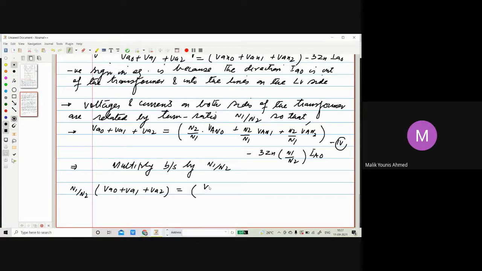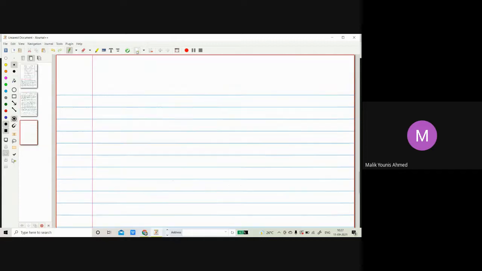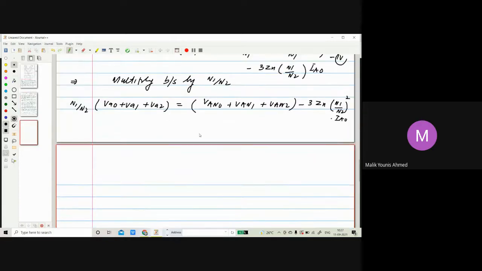This will become VA naught, this will become VA1, this will become VA2, and minus 3Zn, this will become n1 by n2 whole square into IA naught. Okay, here we have multiplied by n1 and n2.